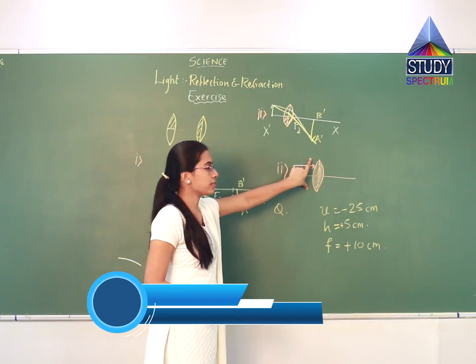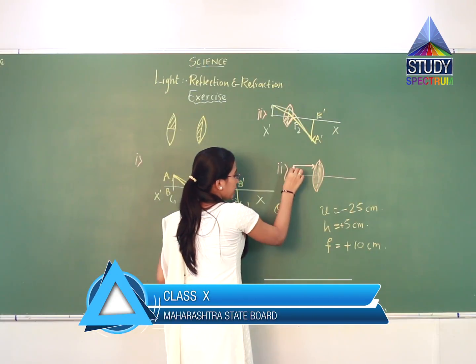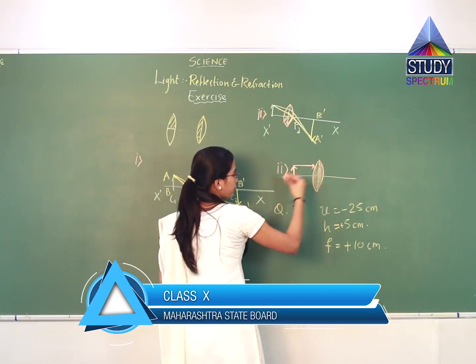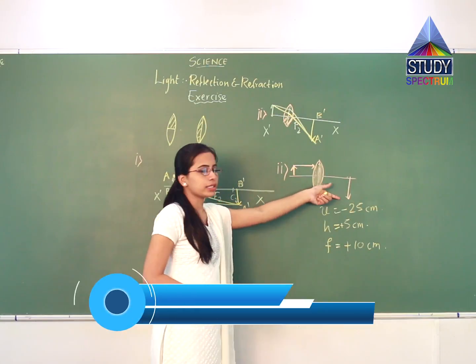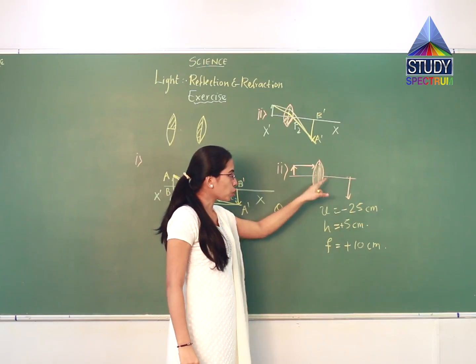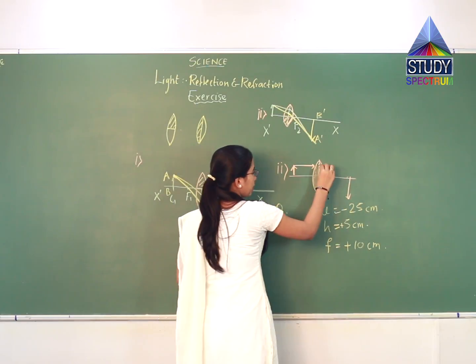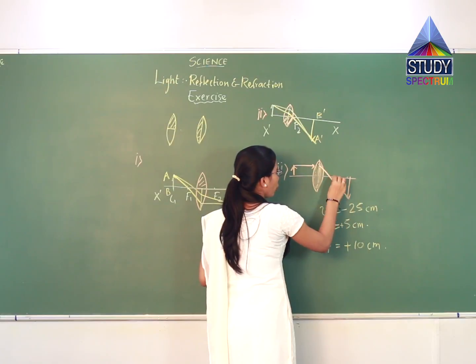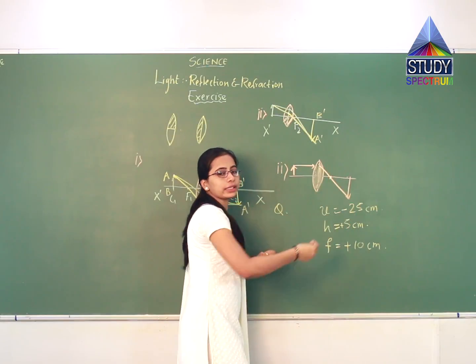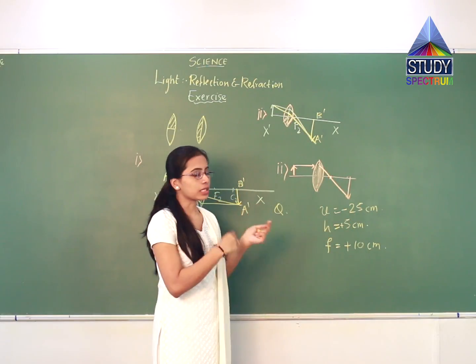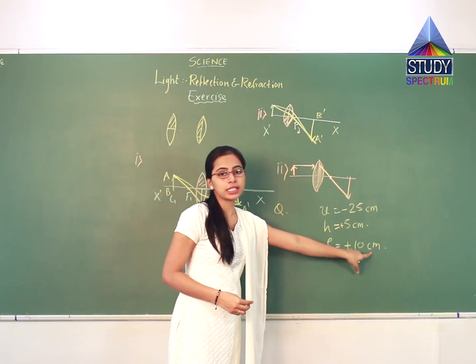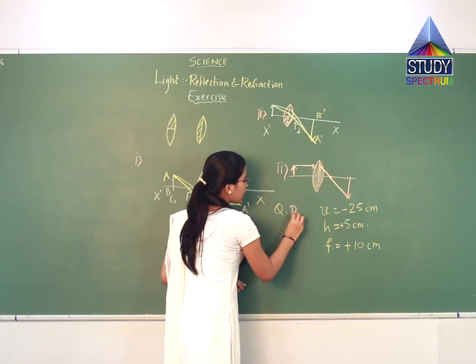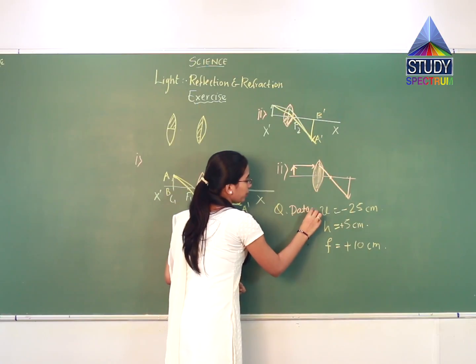This is the convex lens. If we are placing our object here, image will be formed on this side, somewhere like this. So it will be real image. So the focus that will matter is focus which is on the other side, that is right hand side of the lens. So that's why the focal length we will take it as positive. So this becomes our data here.